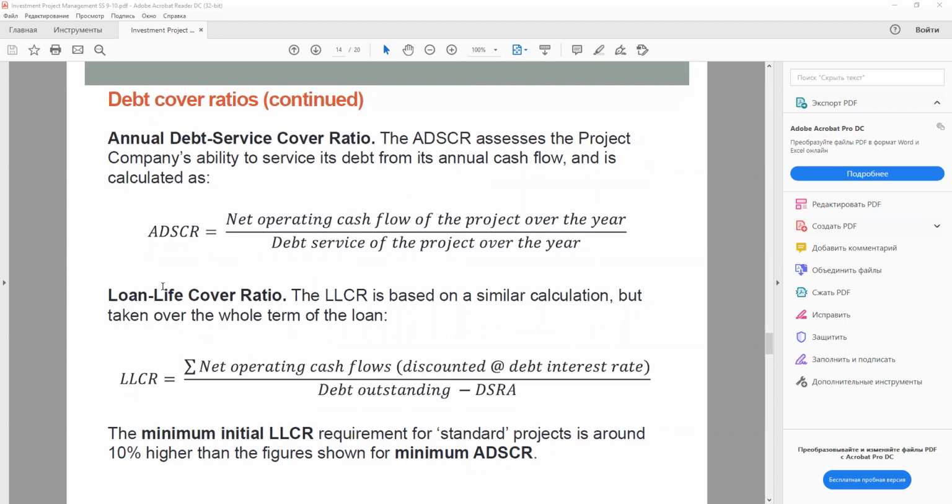Let's discuss it in detail. Annual debt service cover ratio.